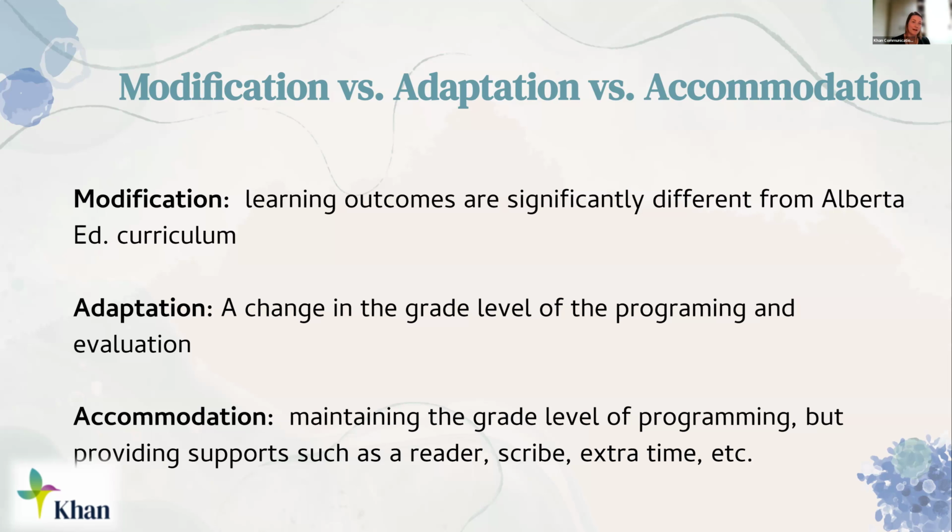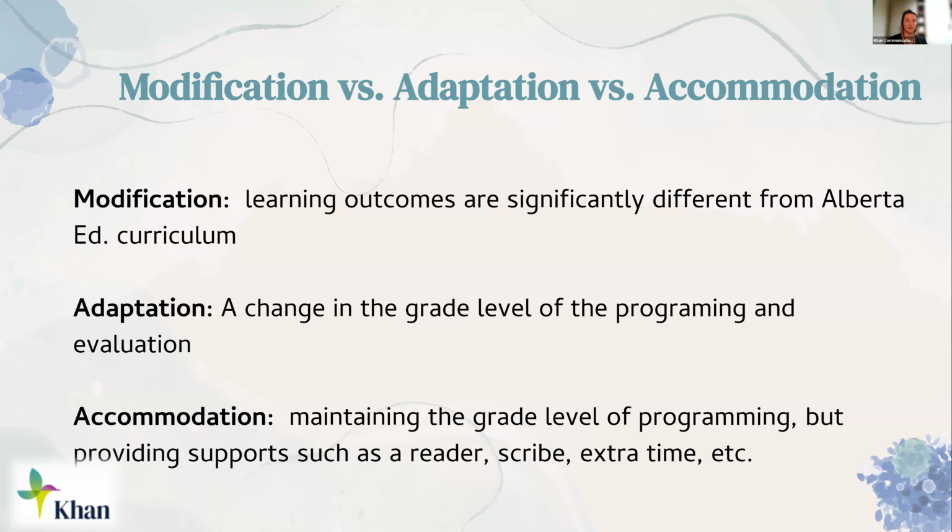A student on a modified program is likely to be, say, a student with a moderate intellectual developmental disorder. They are going to require modification. It's not going to be enough just to adapt, very likely. Because adaptation would be a change in the grade level of programming. So, for example, if a student is in grade 4, but they're being evaluated and programmed at a grade 2 level, that's an adaptation.